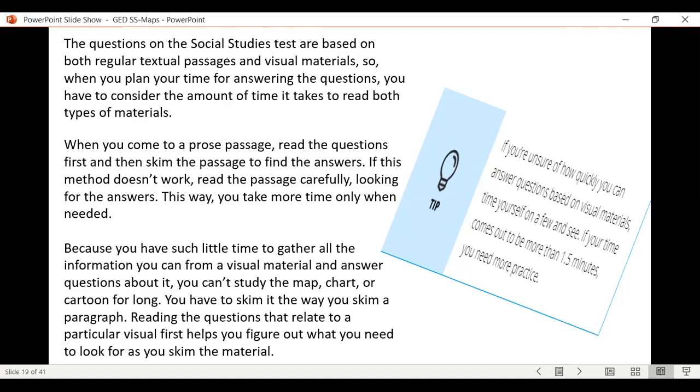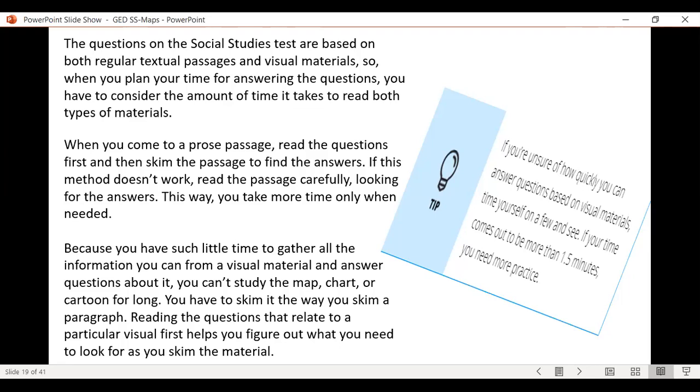And because you have just a little bit of time to gather all the information you can from a visual material, like I said earlier, the political cartoon, and then answer questions about it, you can't really study the map or chart or the cartoon for very long. You have to skim it the way you would skim a paragraph, and then read the questions that relate to the particular visual, and that will help you figure out what you need to look for as you skim the material.